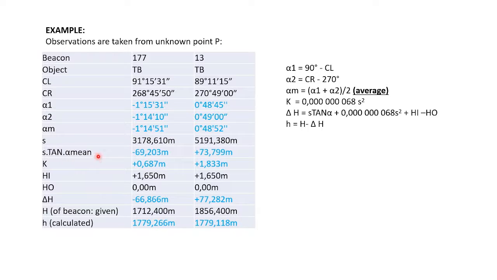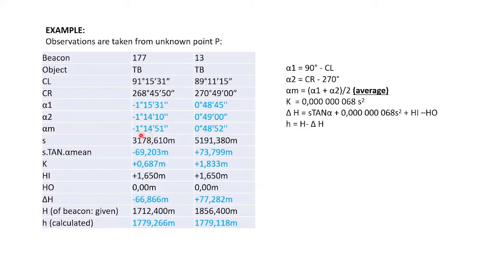Then this formula doesn't have a name, but it's just part of the equation, so it makes it easier to work this formula out and then use it in the rest of the calculation. Now this formula is the formula we use, that is distance times tan alpha mean. I can ignore that little dot there. I just put it separate like that so you can see what it is. Now this alpha mean is this value over here, or this one over here for this column.